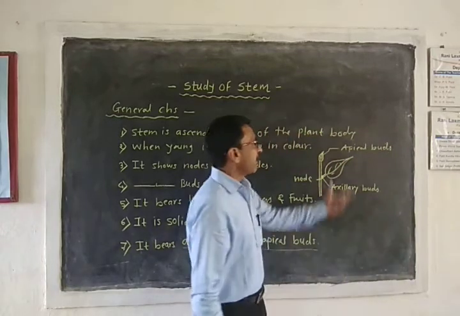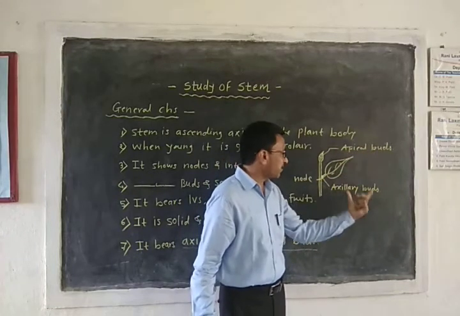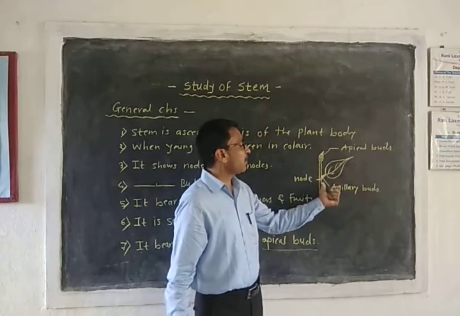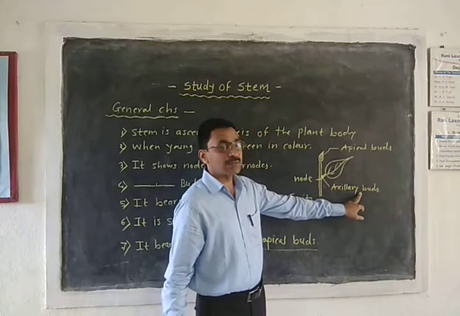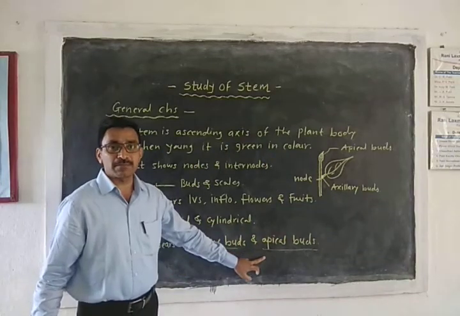The buds which are present at the apex are called apical buds, and the buds which are present in the axil of leaves are called axillary buds, and the stem bears axillary buds and apical buds.